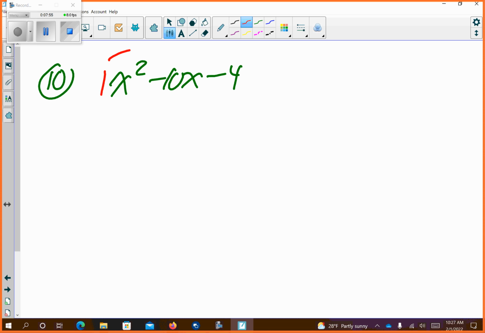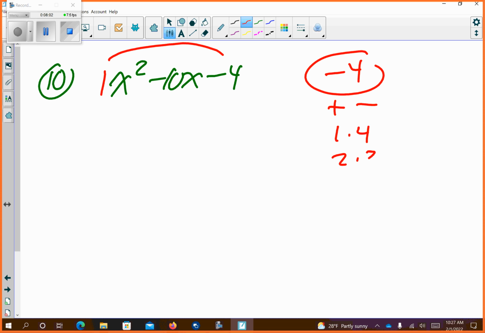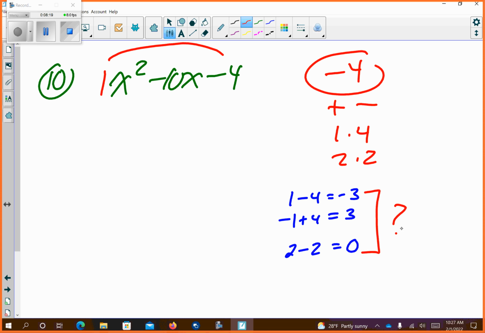So I have a 1 up front. Friends, none of these add up to negative 10. Talk to me. Prime. Is that okay?